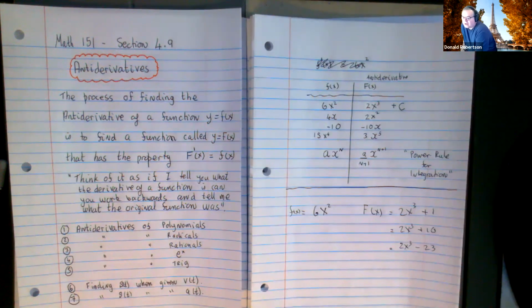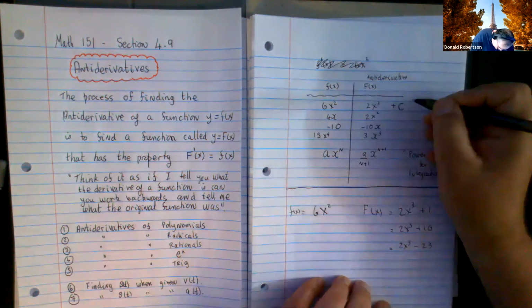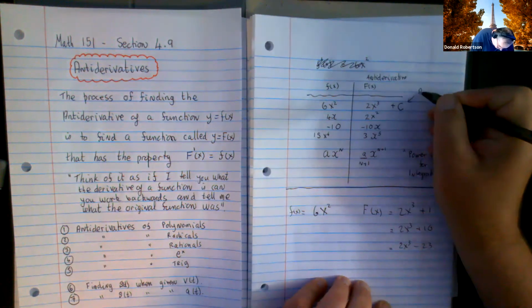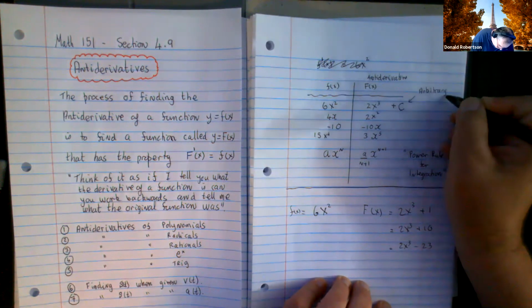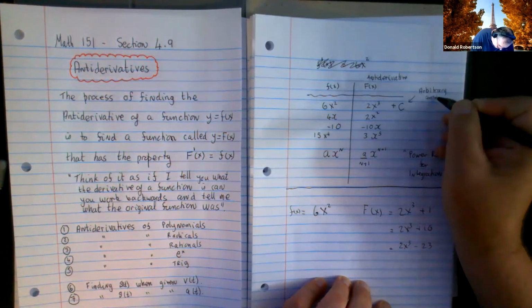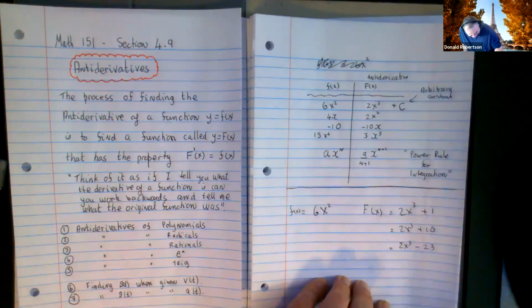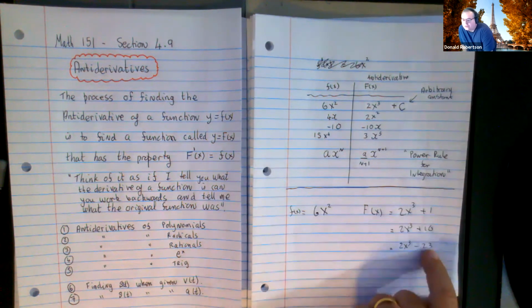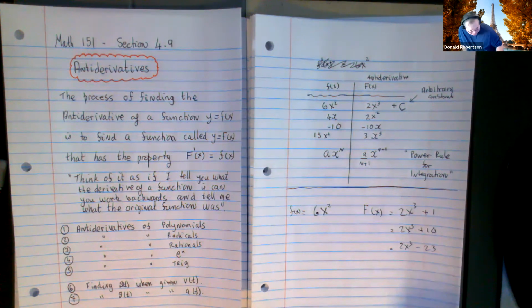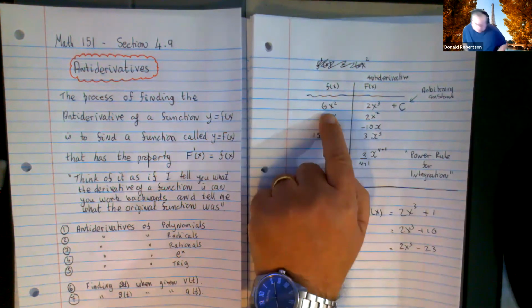So what you do is you add a guy called C. It even has a name. It's called the arbitrary constant. And what that guy is representing is the fact that we don't know what the constant term would have been that generated the answer.